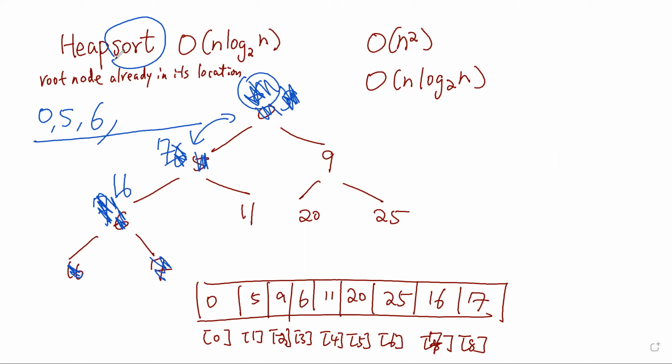Whatever random order, you can sort them into ascending order. That's why we call this sort, because it's based on a heap tree, minimum or maximum. That's why we call it heap sort.